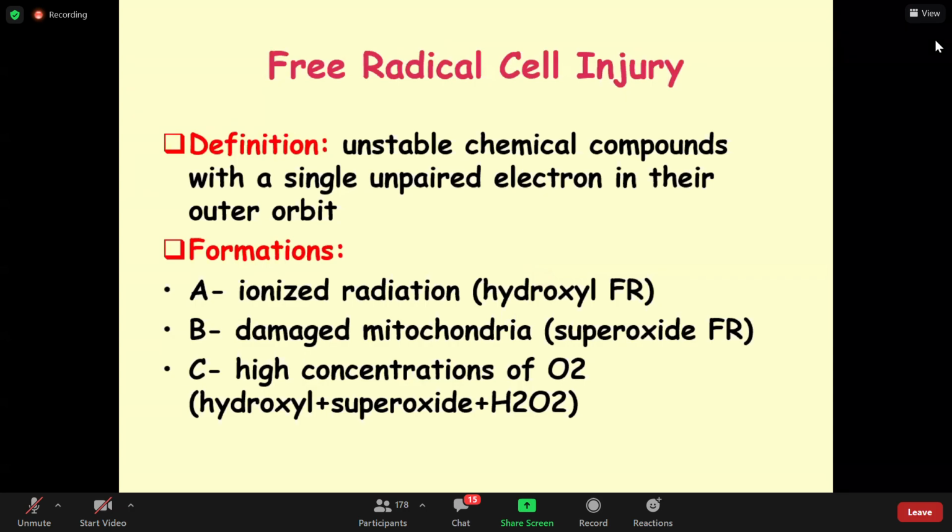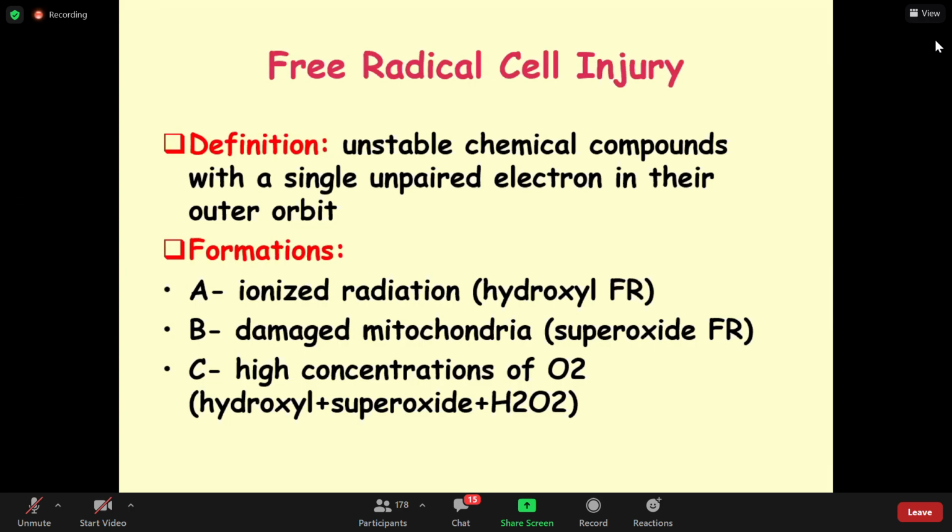Why? Because the membrane of the mitochondria is going to be affected. And on the inner side of the membrane, that's where the oxidative phosphorylation happens. As a result, there will be no full reduction of the molecular oxygen towards the production of H2O and the production of the ATP molecules that you see with oxidative phosphorylation.